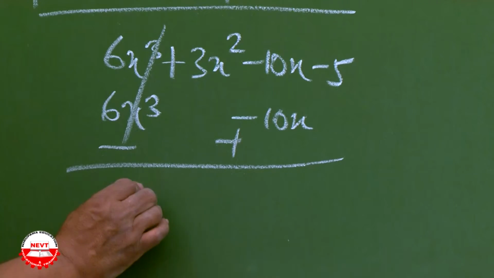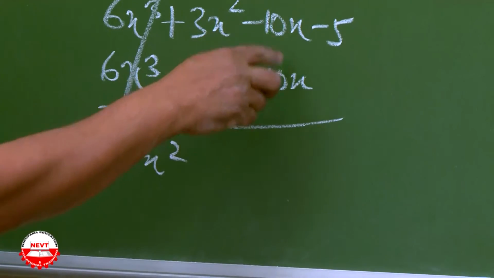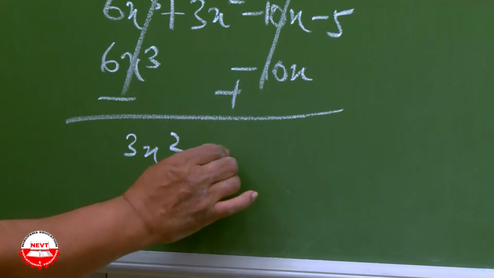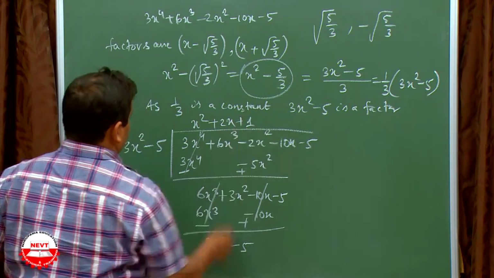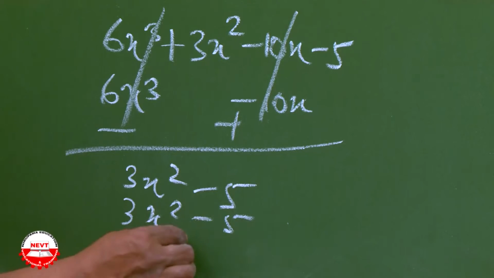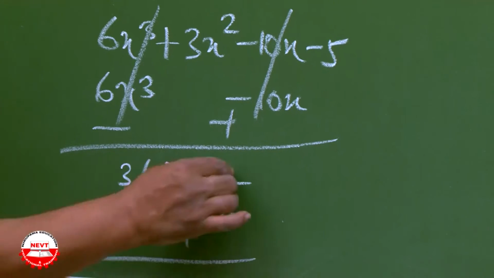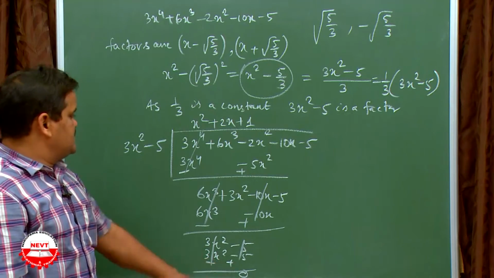This is 3x². Minus 10x plus 10x cancel, minus 5. 3x² − 5, so put 1 here. It will be 3x² − 5. Change the sign. Remainder is 0. So we get remainder as 0.